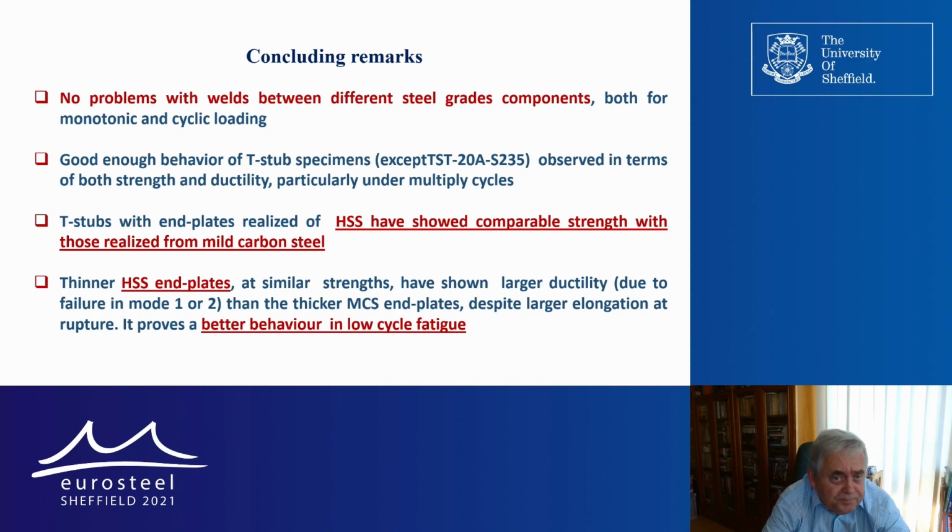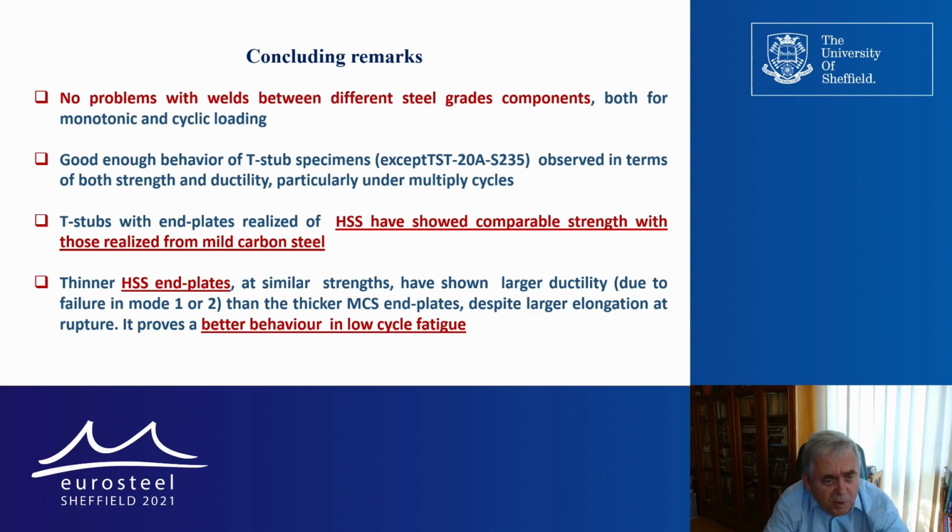To conclude here, first, no problem with welding different steel grade components, even when we are speaking about 235 and 690. The T-stubs realized with high-strength steel show comparable strength with those realized of mild carbon steel.